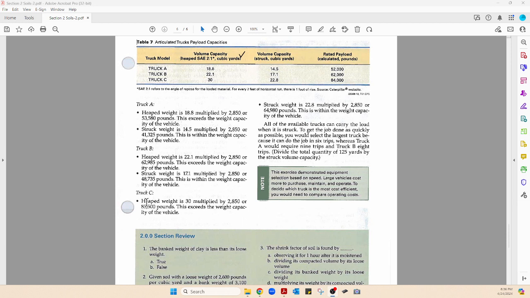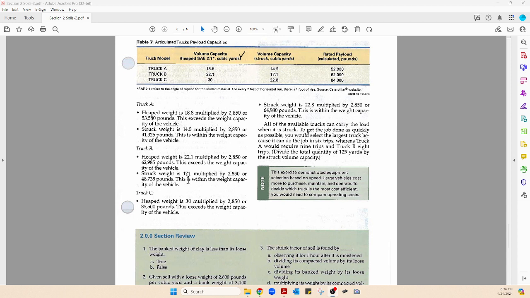I first said that the total weight of all this dirt that I'm going to carry over there is 356,250 pounds. That's how much all of it weighs. And I want to get all of it over there as soon as I can.